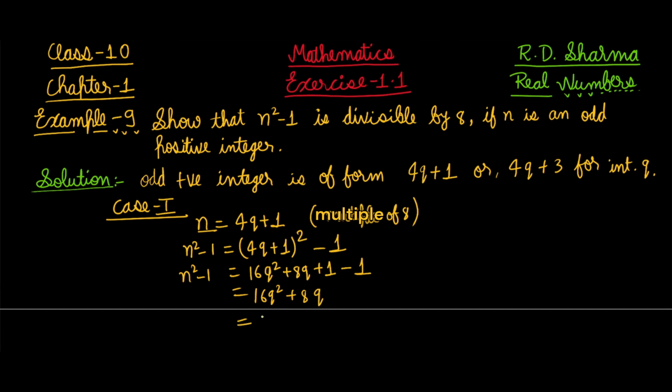So we will take 8 common, so 8 times (2q square plus q). So n square minus 1 is divisible by 8. So we will take case 2.